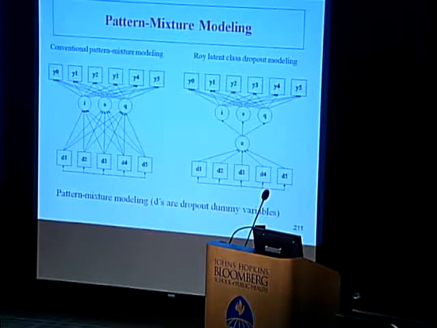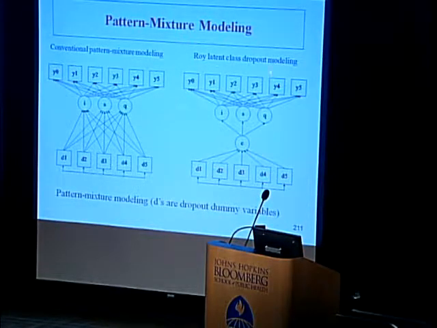There is a variation on that, just like there was a variation on the Kenward model, which has to do with mixtures, and that's Roy's latent class dropout model. In this case, you have 6 different patterns of dropout and not dropping out. You could summarize them into, say, only 3 or 4 patterns using a latent class variable.